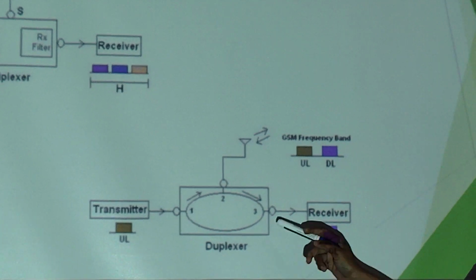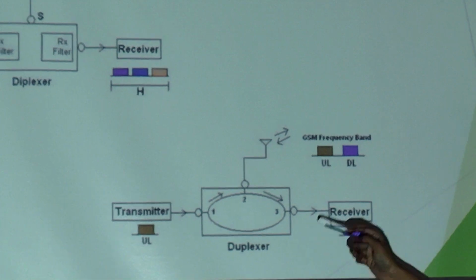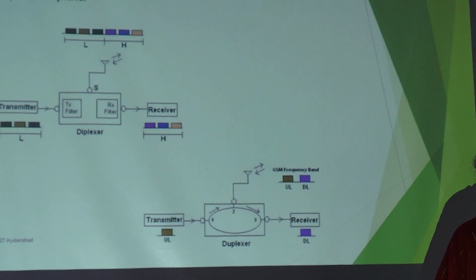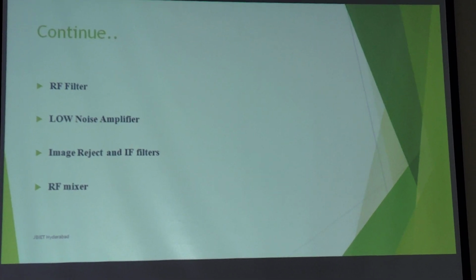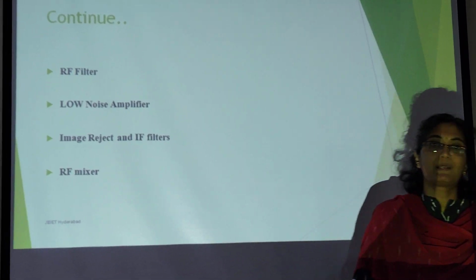And one more thing is, these duplexers, when used, act as the first stage of filtering for the received signal. So after this duplexer and diplexer, the next ones are different filters and amplifiers.